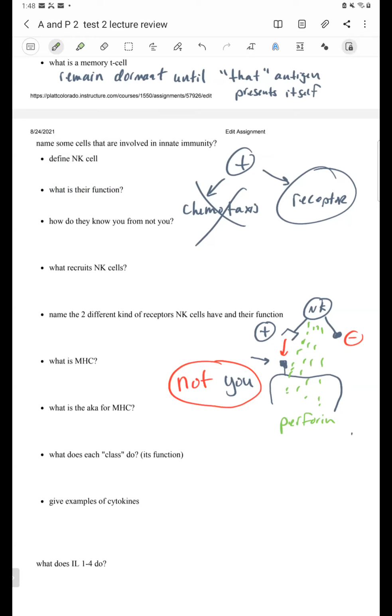So that is the two different receptors and their function.